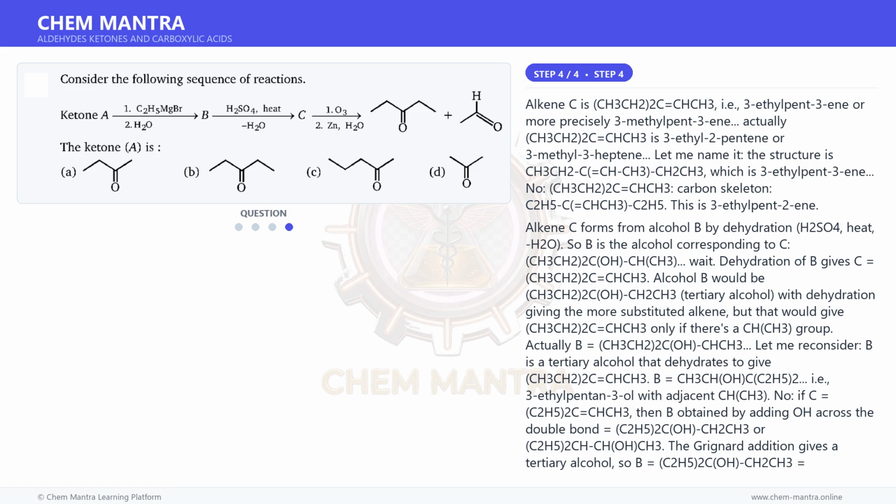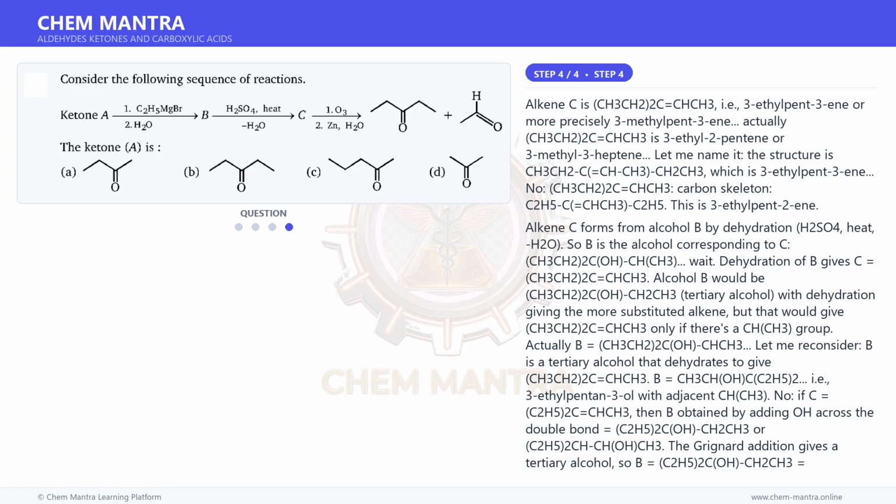Grignard reaction. B, (C2H5)3COH, 3-ethylpentan-3-ol, is formed from ketone A plus C2H5MgBr. The Grignard reagent adds an ethyl group to the ketone carbonyl.